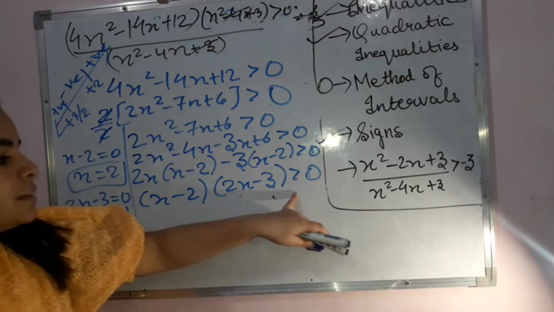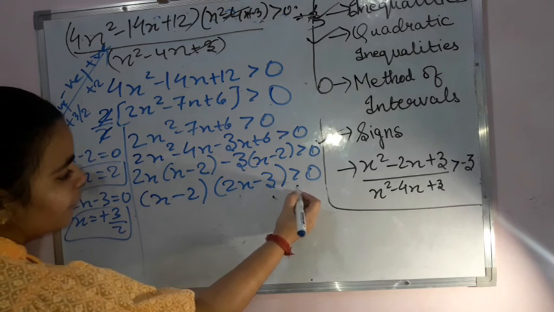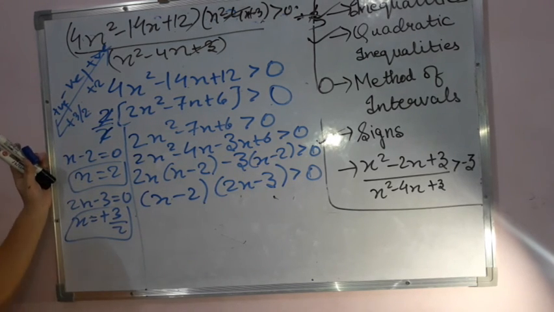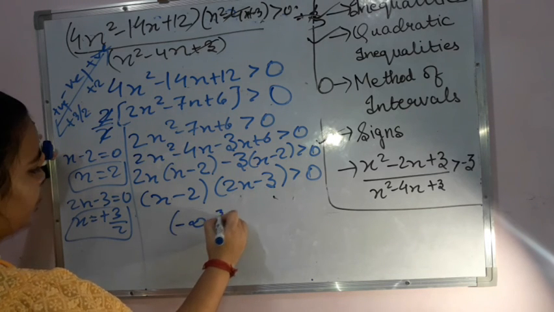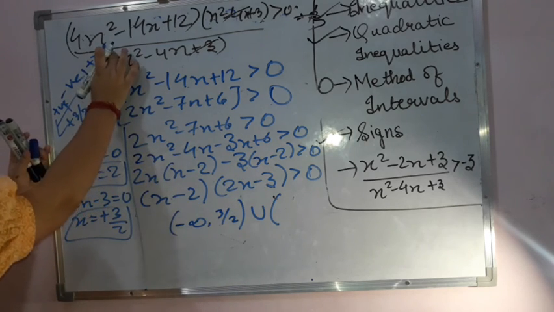My sign was greater than 0, and greater than 0 means the positive terms. It was simply greater than, which means the limits are not going to be included. So my solution is from minus infinity to 3 by 2, union with this part also.